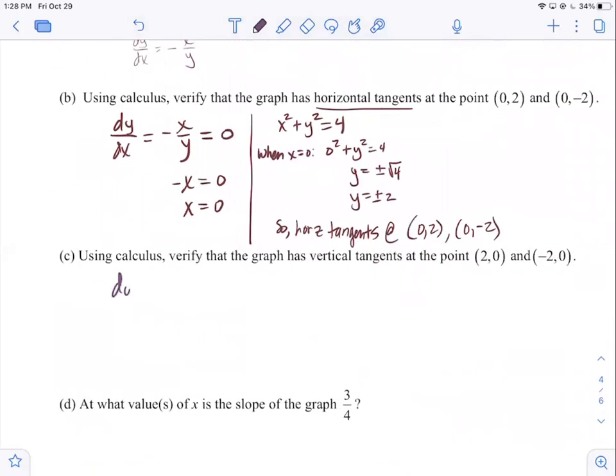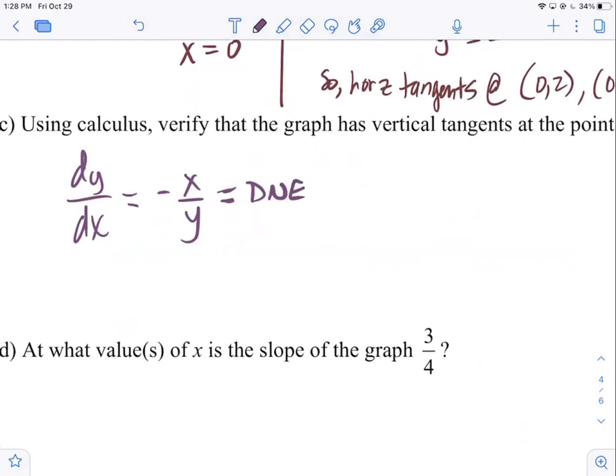So to verify that, this is what it would look like. Write the derivative again. And now, what do we want to do? We want to set the whole thing equal to, you don't want to do plus or minus infinity, right? Because that's 2 answers, and we don't want to guess which one it is. So let's just set it equal to DNE.